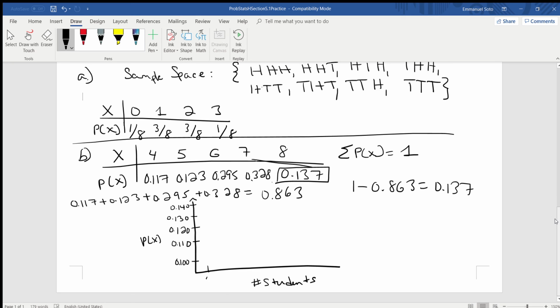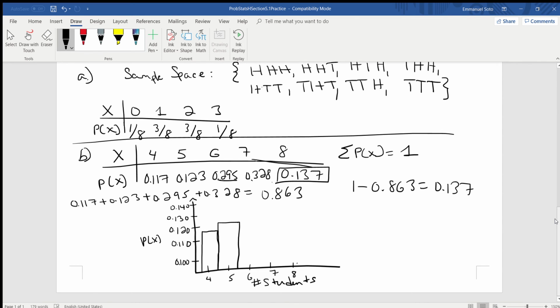So we have here 4, 5, 6, 7, and 8. So for 4 we got 0.117, so it's pretty close to 0.12. For 5 is 0.123, so it's a little bit above this guy. For 6, it's 0.295.